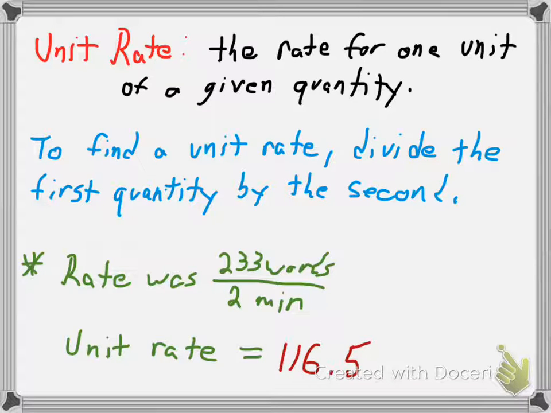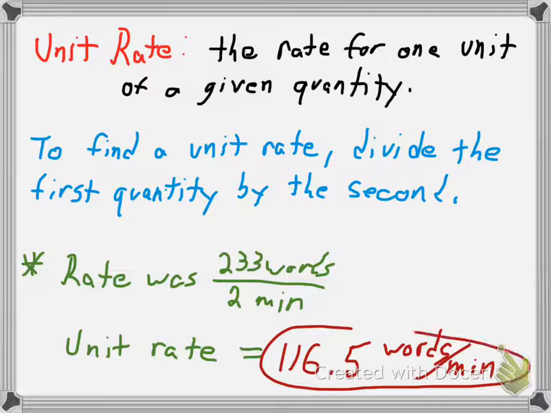And now our unit is going to be words per minute. That's my unit rate. I'm taking my 2 units and combining them into 1: words per minute. So 116.5 words per minute. There's my unit rate. To take a rate and turn it into a unit rate, you just go ahead and divide.